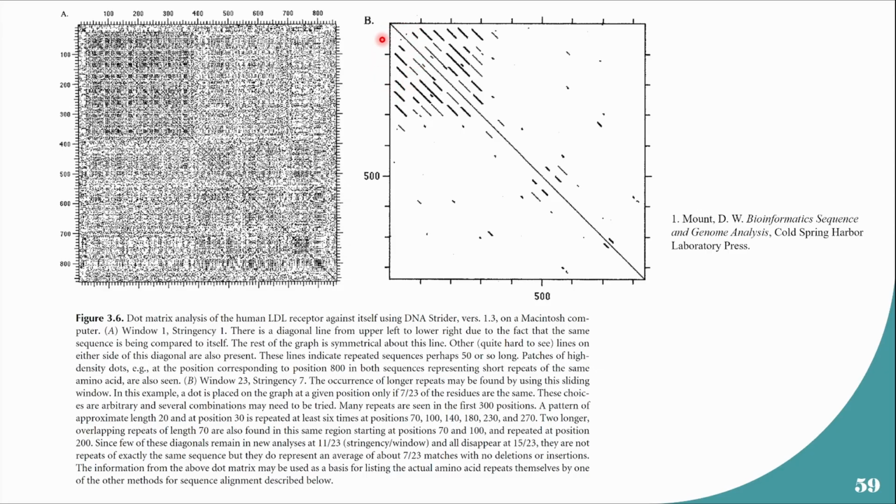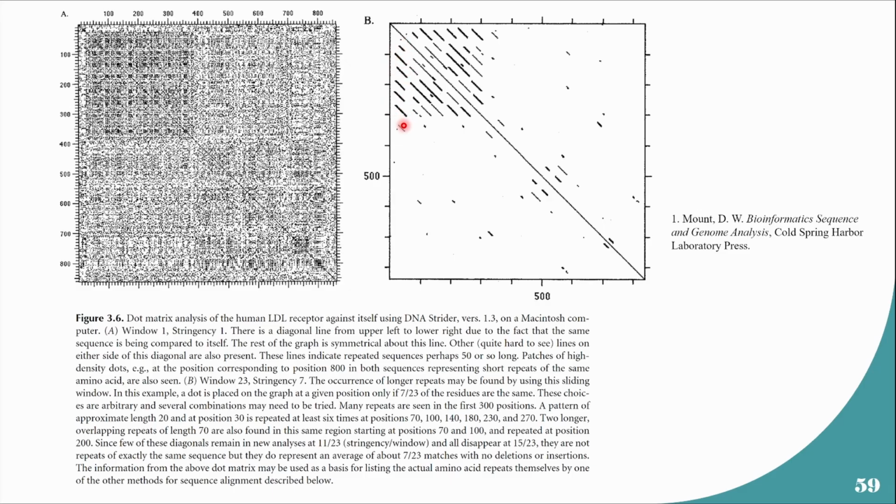So you will see on the right hand side, plot B, on this very initial part of the sequence, you can take either one of them, you will see a lot of small diagonals on the opposite sequence observed in this region, right? These are indicative of repeated motifs.